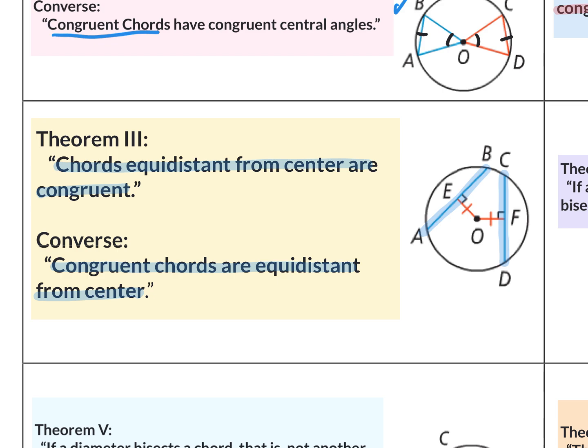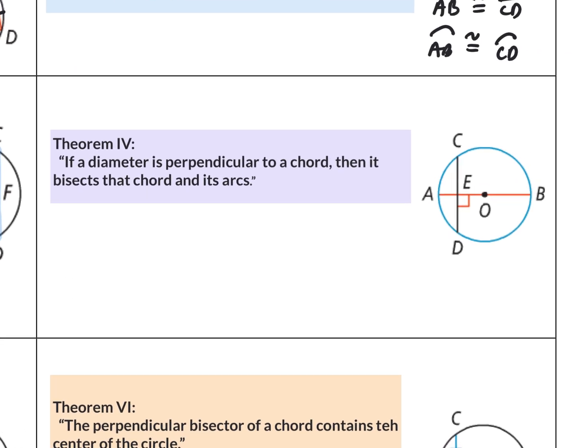Its converse is also true: congruent chords are equidistant from the center. So we can say that line segment CD and line segment AB are congruent because they are equidistant from the center.